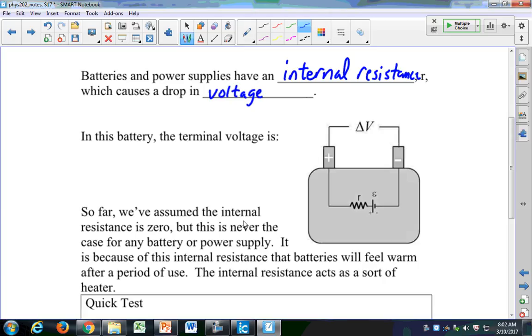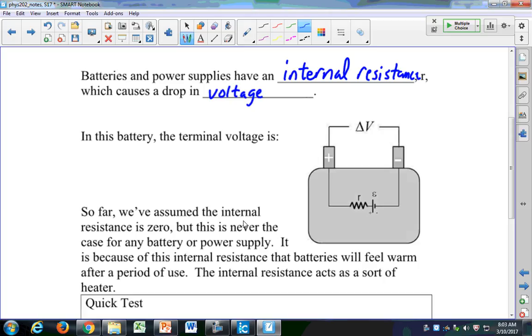That's why when batteries, like on your cell phone, start to go out, they get hot, right? That's because as the chemicals degrade inside that battery, their internal resistance begins to increase. Ideally in your battery, you want no resistance at all because you're losing energy inside of your battery before the electrons ever get out at all.